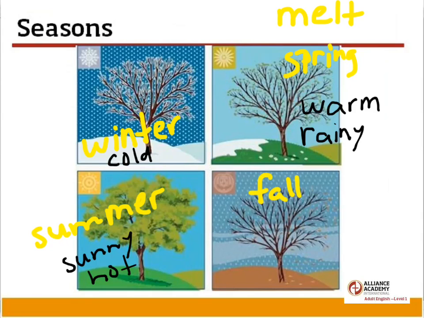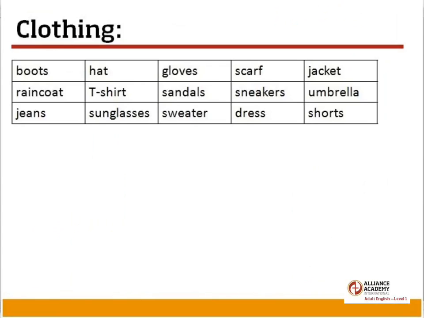And words for the fall might be cool or definitely windy. So those are words that we need to know for our seasons. And we need to know what season is which.